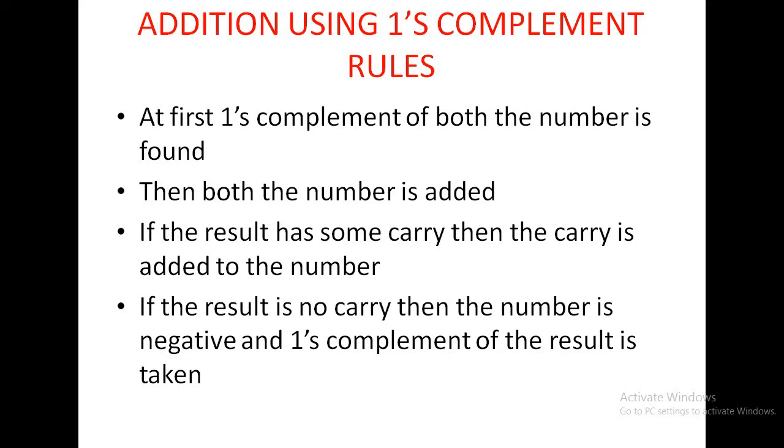If no carry is present, the result is negative and ones complement of the result is the final result. If the result has some carry bit, then the carry is added to the number and that is the final result.